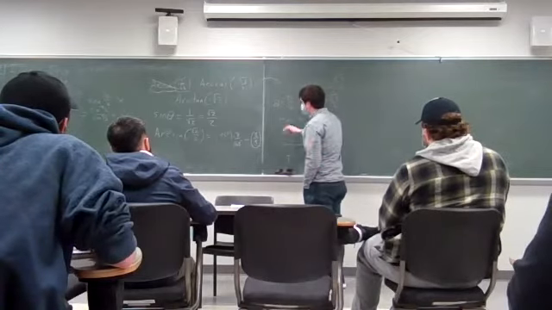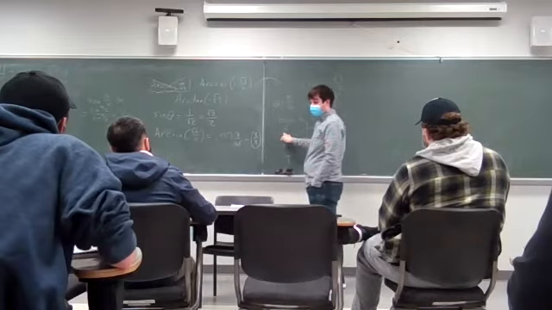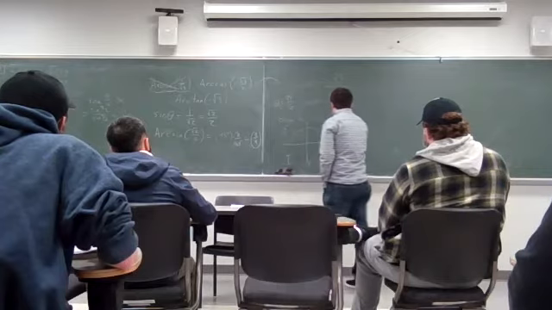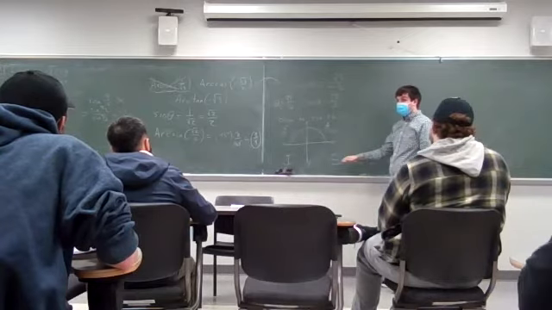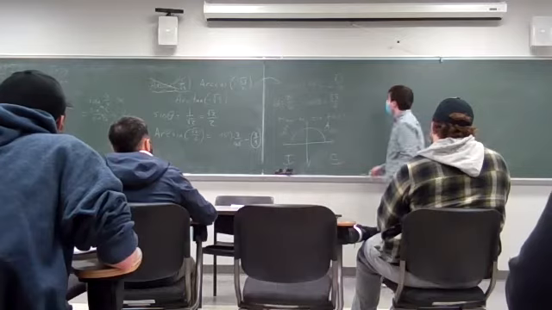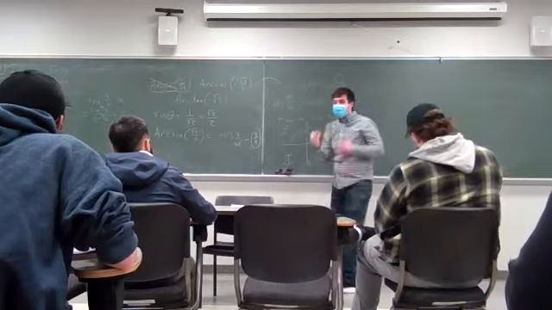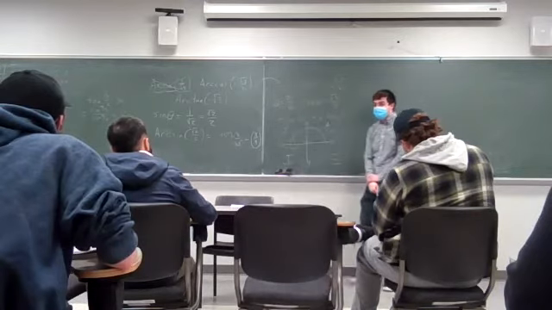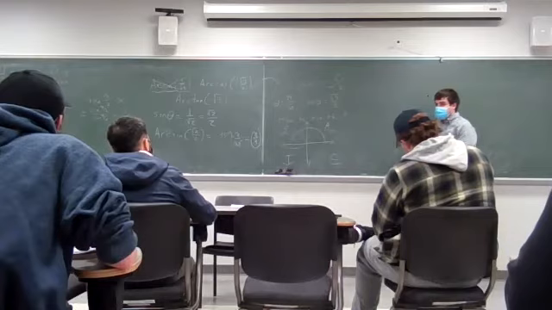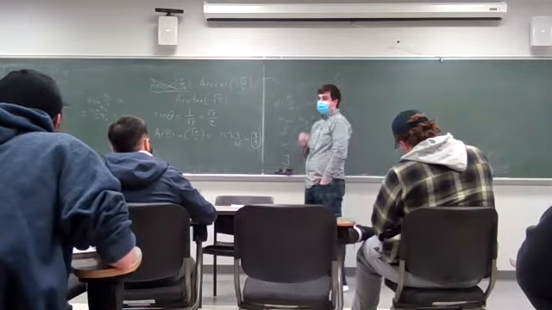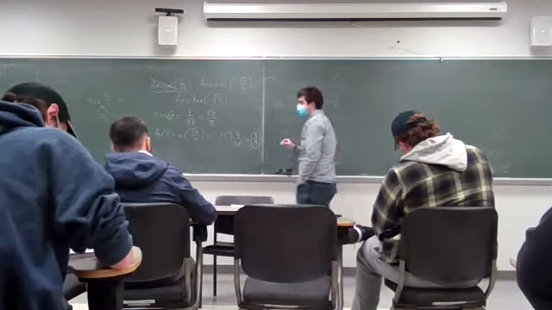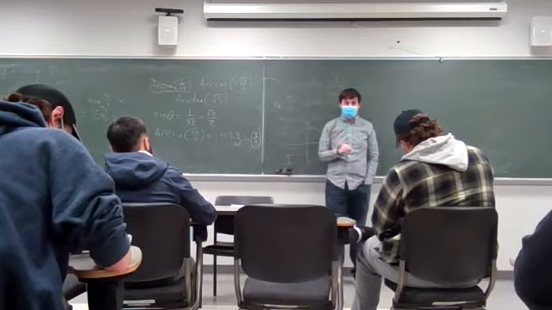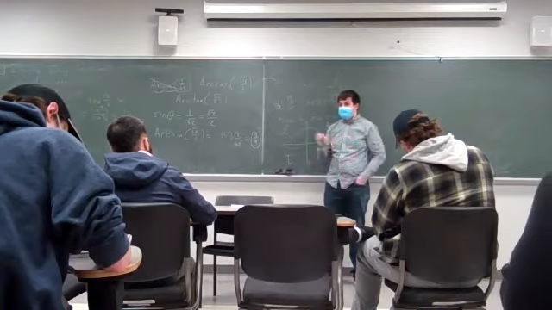Similarly, S is sine, so only sine's positive here. T is tangent, so only tangent is positive here. And then C, cosine, only cosine is positive here, right? So if we want to get a negative cosine within the range that we're given, it has to be within this quadrant. Okay, so what happens in our case is that pi over 6 becomes what's called a reference angle, right?